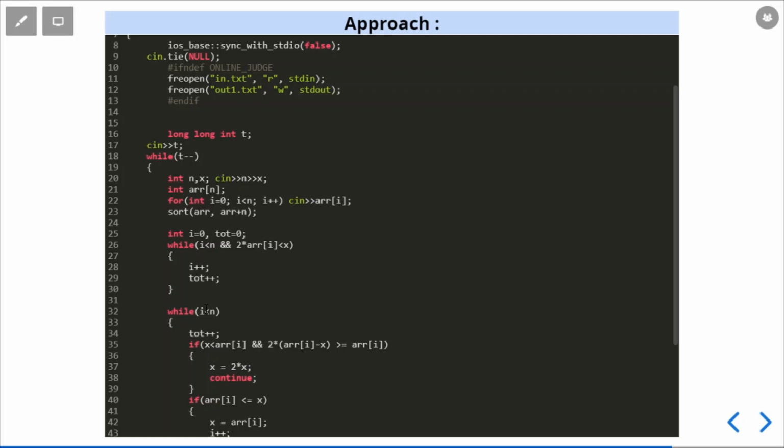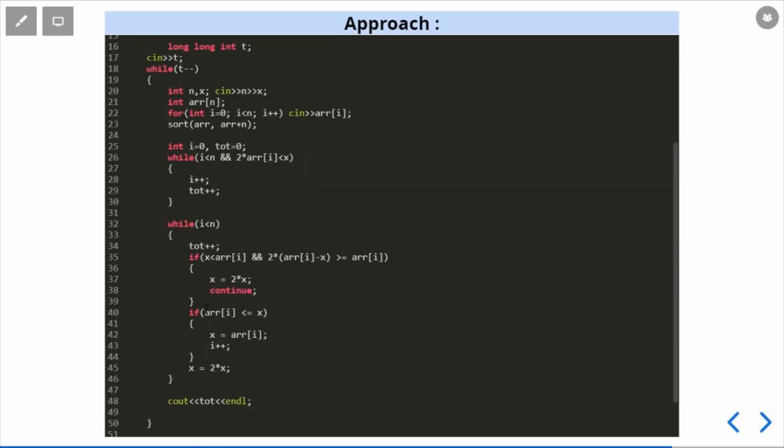Now let us see the second condition. In this condition, what I am trying to do is match the whole process: if x is less than array of i and twice of array of i minus x is greater than or equal to array of i, then I am trying to match the situation that x equals twice x. Why?